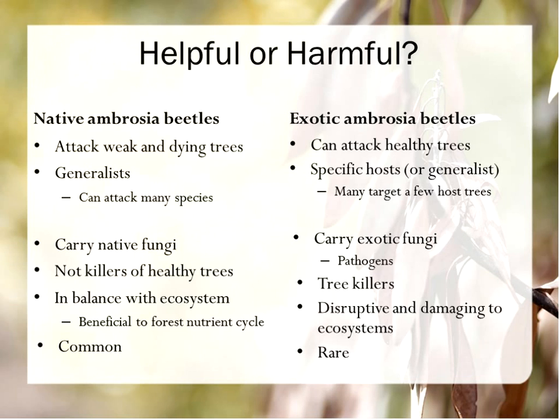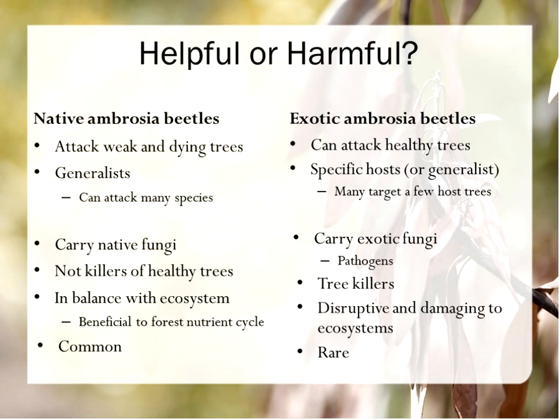Of course, if it's a native ambrosia beetle, it's going to carry a native fungus with it, where these exotic ones tend to bring in their own exotic fungi with them. And a lot of these fungi are the tree killers and the pathogens, where in the native ones, they're generally not pathogens. They're just fungi that help degrade trees and bring nutrients to the young, but they're not necessarily on their own affecting or killing trees.